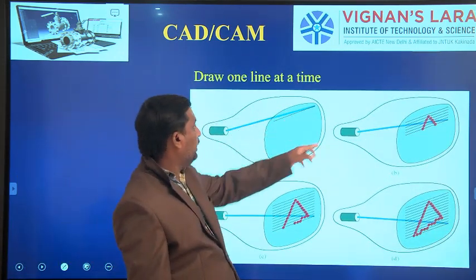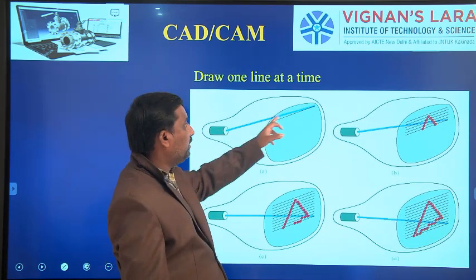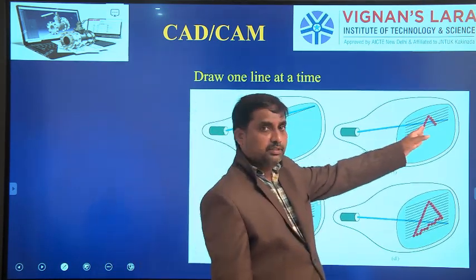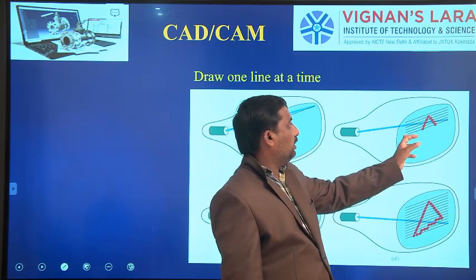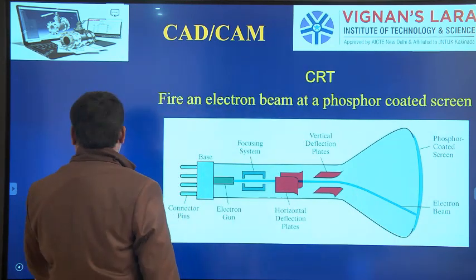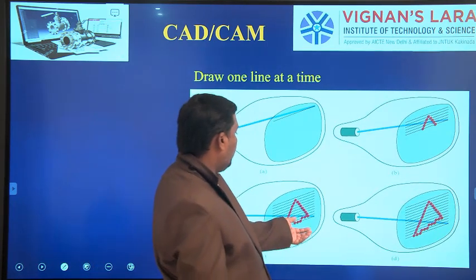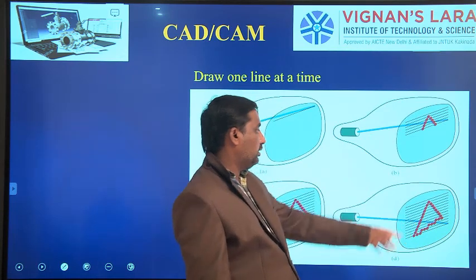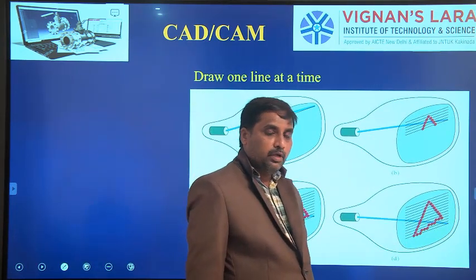It contains a screen, and here we have a single electron gun, and it will trace on the screen so that we can draw a single line like this and multiple lines, and we can draw letters like this. Right here he has drawn a triangle completely. This we can learn under image generation techniques.